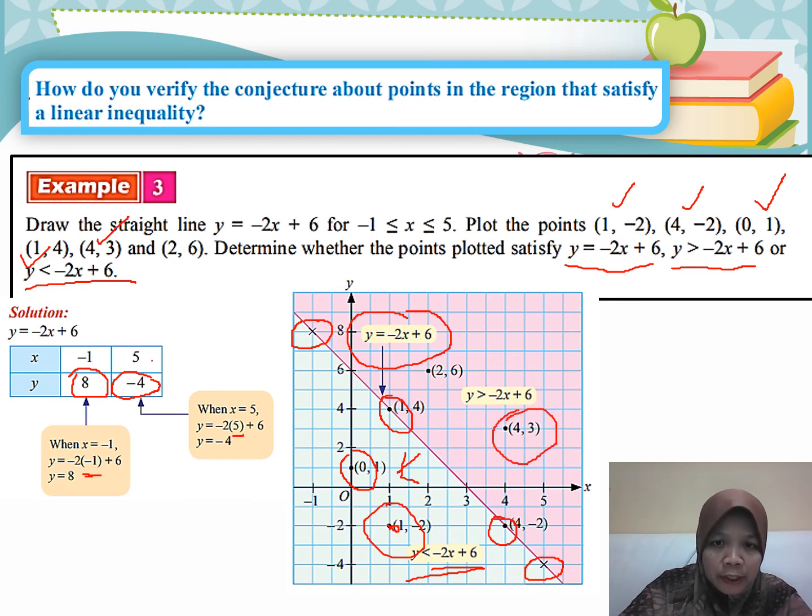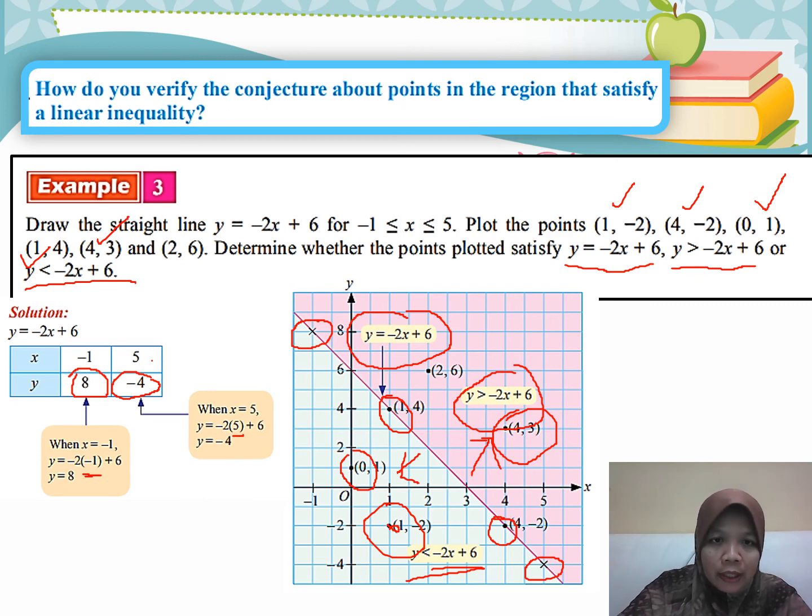This point is above the line. So we know that this point satisfies the inequality y is greater than negative 2x plus 6.